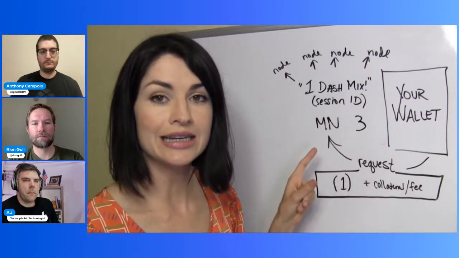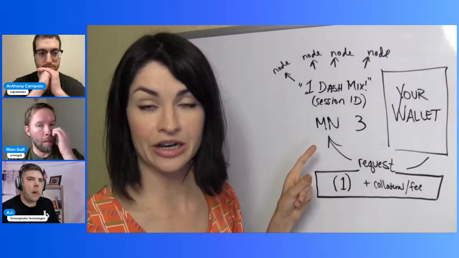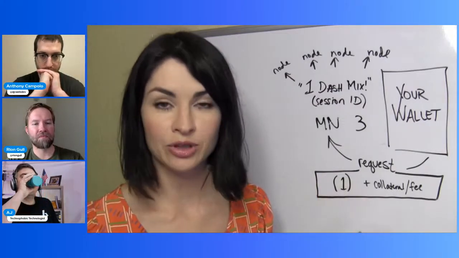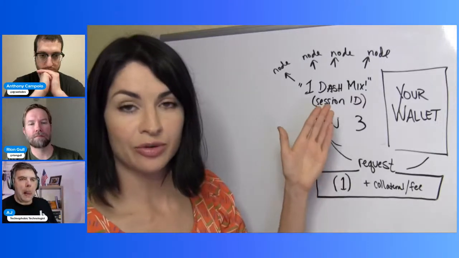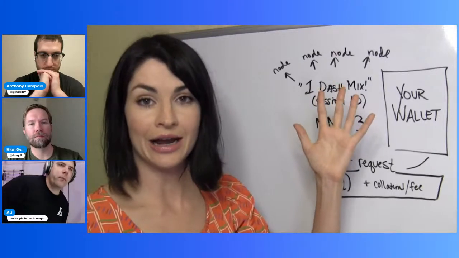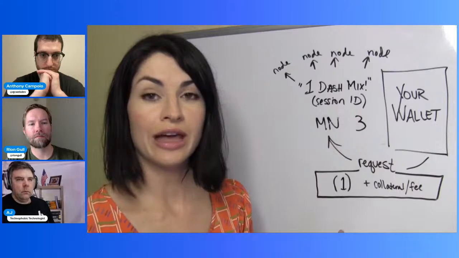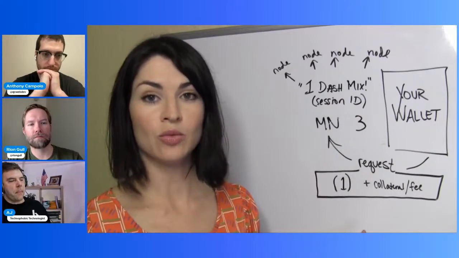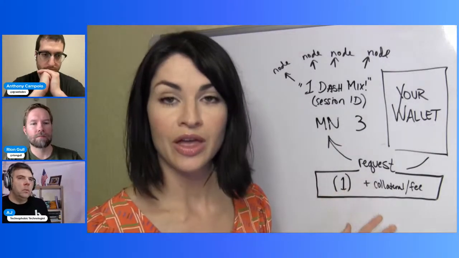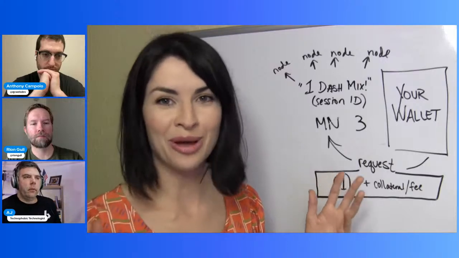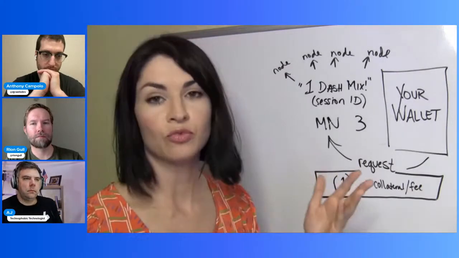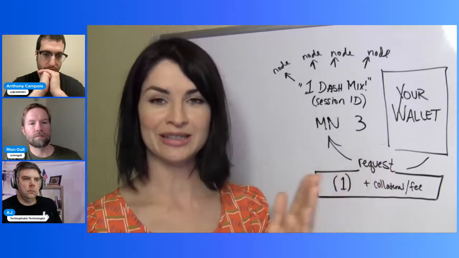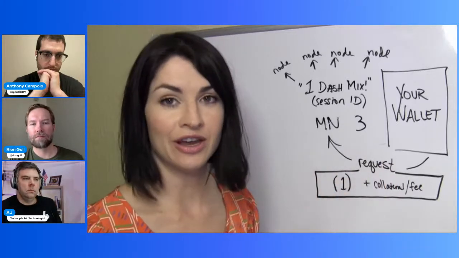And this session ID contains the necessary information, basically, hey, I'm looking to mix one Dash here, to broadcast out to the rest of the network so that that information can reside in what's called the mixing queue. The rest of the network, any member on it looking to mix one Dash themselves, their wallet will consult this mixing queue to see if there's a match.